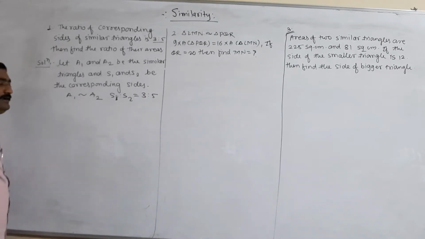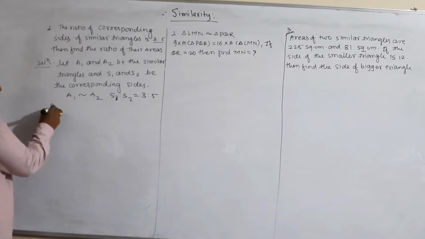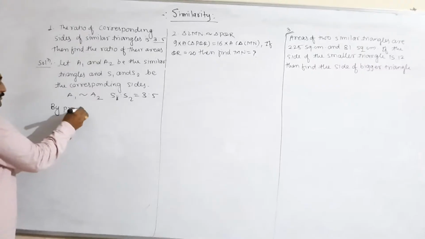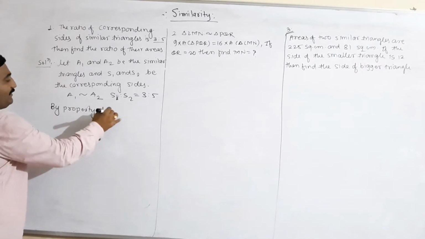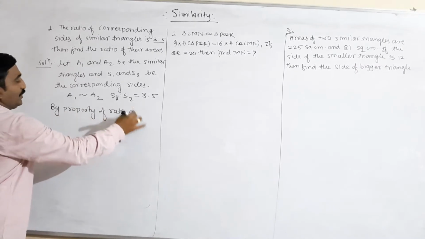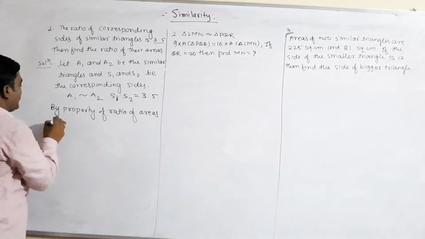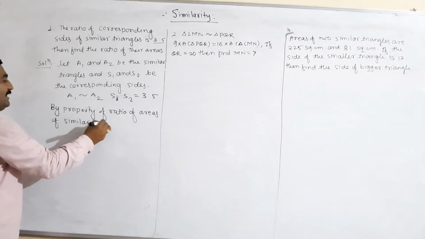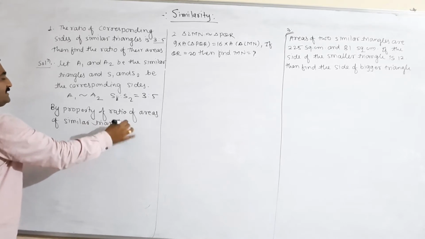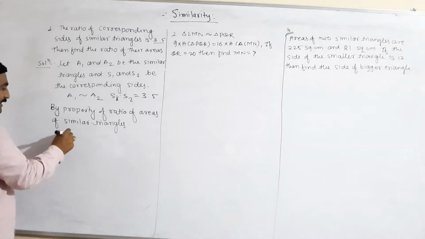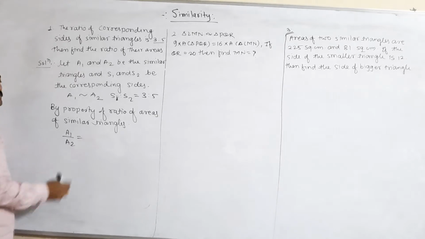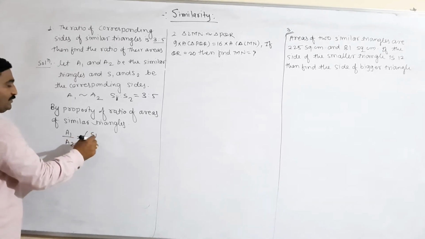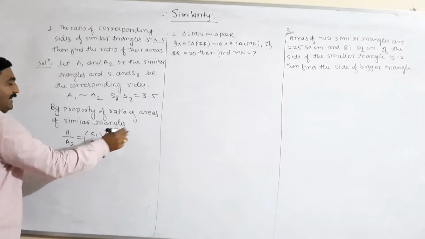So we know that by the property of ratio of areas of similar triangles. बघा समरूप त्रिकोणाच्या क्षेत्रफळाच्या गुणधर्मानुसार A1 divided by A2 is equal to S1 divided by S2 bracket square.